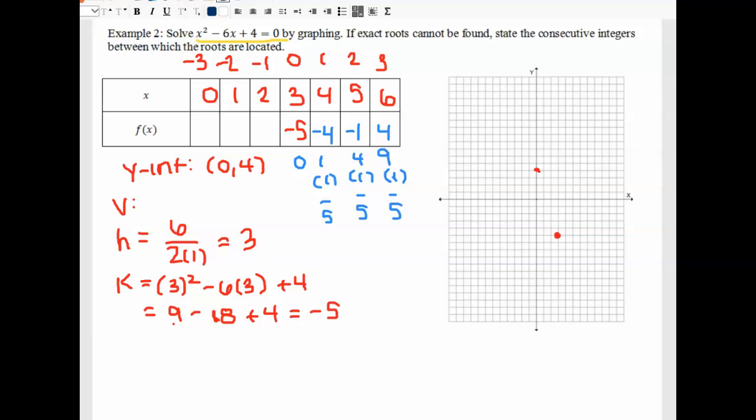And what's really nice about making the table this way is whatever my y values are to the left, they are the same to the right. Let's plot our points.